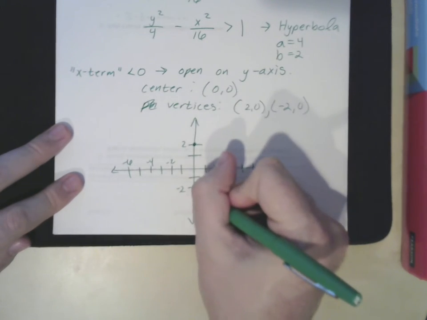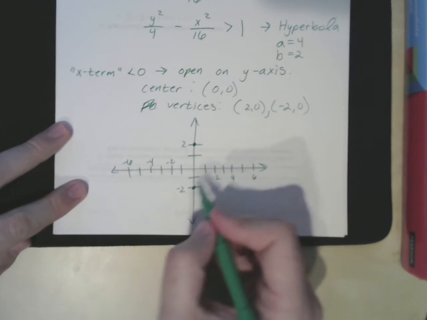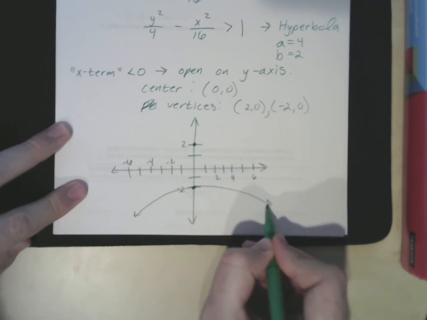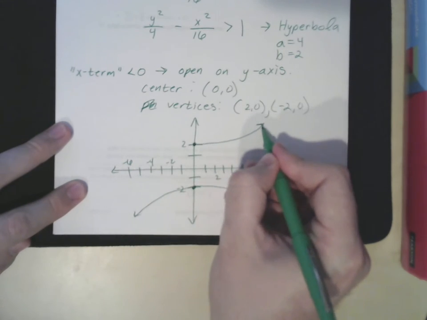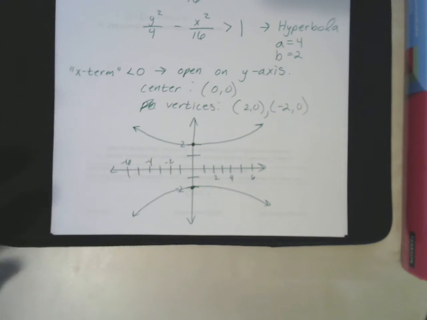So we know we have this point and this point. We know that we're opening on the y-axis, so our hyperbola is going to look something like this. Is that perfectly what it's going to be? Probably not. But again, we're not looking to be perfect.